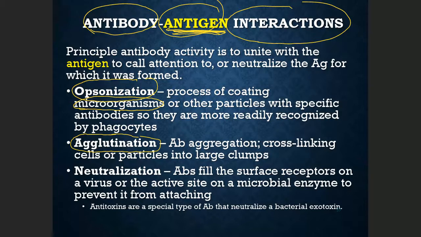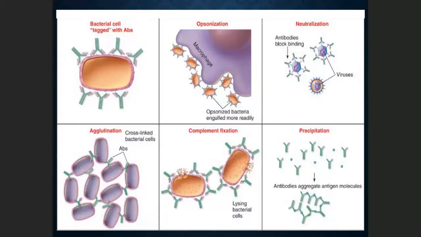You get large clumps of antibody antigen reaction. And the last one is what we call neutralization, where the antibody will bind to the antigen and then the antigen becomes inactive, becomes neutral. It will not be able to cause disease. So these are some processes of antigen antibody reaction.